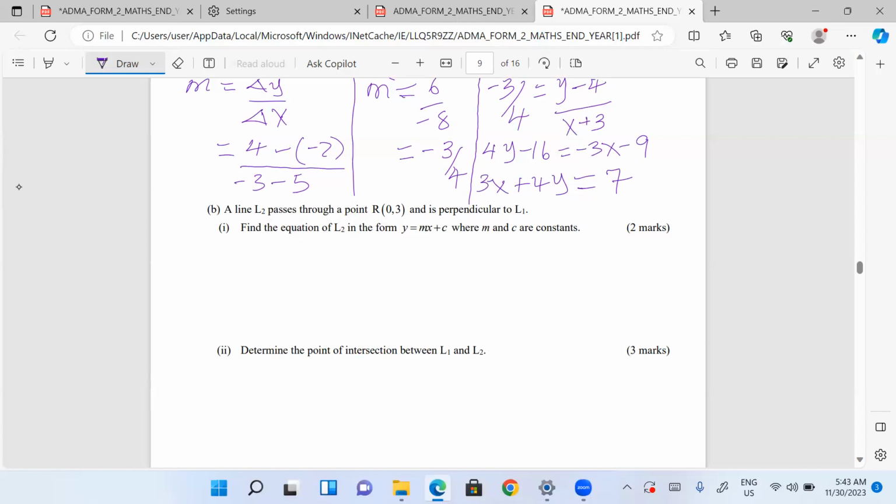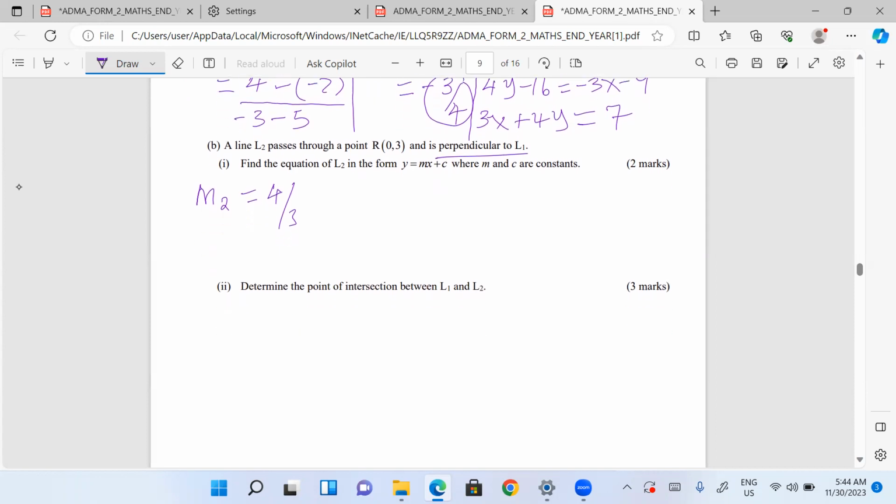Therefore, we should say that gradient 2, which is the gradient of a perpendicular line to line 1. If gradient 1 equals -3 out of 4, then gradient 2 should be the reciprocal with the opposite sign, such that when the two are multiplied, they give us a -1, the condition that they are perpendicular to one another.